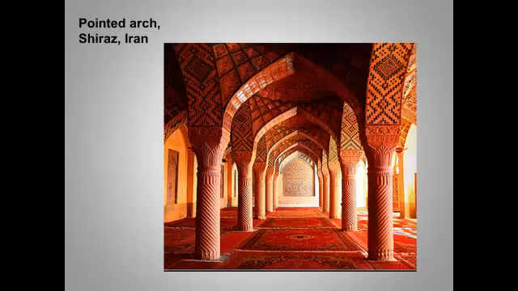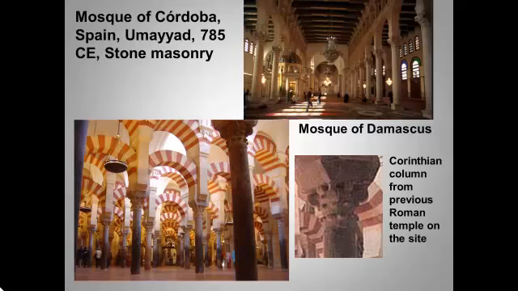This is from a mosque in Shiraz, Iran. Crusaders would bring the pointed arch to Europe, where, in a more sharply pointed form, they would play an important role in the architectural revolution, so brilliantly represented in Gothic cathedrals. As usual, stay tuned.